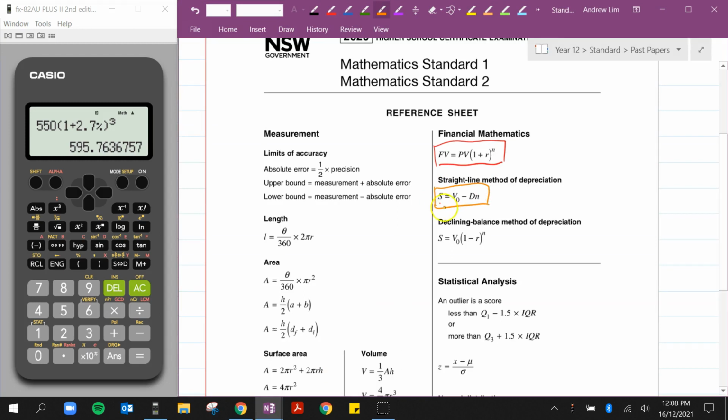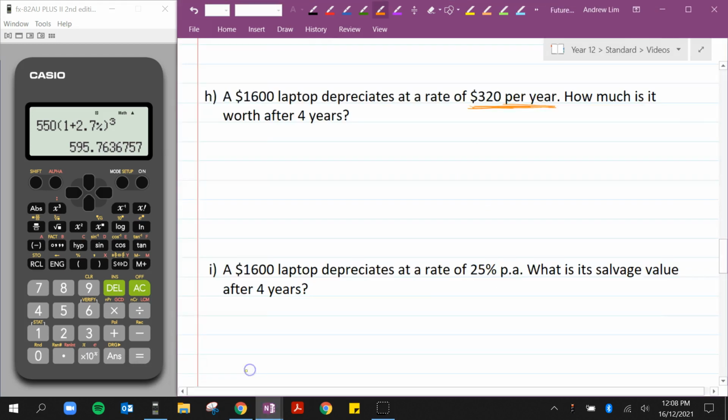Okay, so according to this formula, the salvage value or future value is equal to the value at time 0 minus how much it depreciates by per period times the number of periods. So S is equal to V0 minus dn.